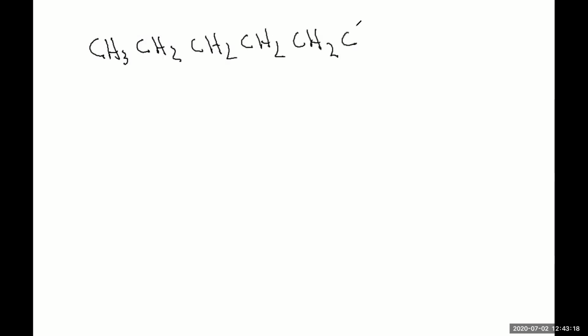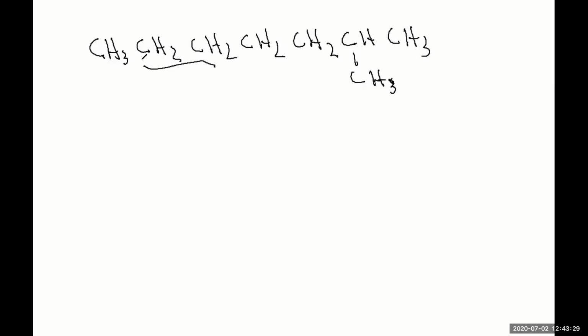Okay, so I want to share some examples of writing these condensed structural formulas, how to simplify them even further. If we were given something like this, the question is how could we simplify this?